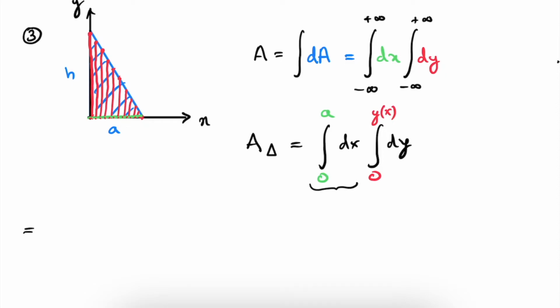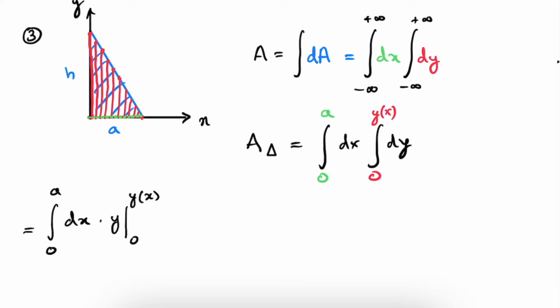We cannot simply calculate this first integral because the upper boundary of the second integral depends on x. So at this point we cannot calculate the first integral, so we simply copy it and write it down. Then the second integral we can calculate, because there's only one thing that depends on y, and this integral does not depend on y. So we simply calculate this, which becomes y filled in its boundaries 0 and y of x.